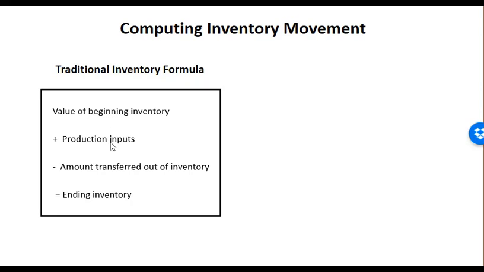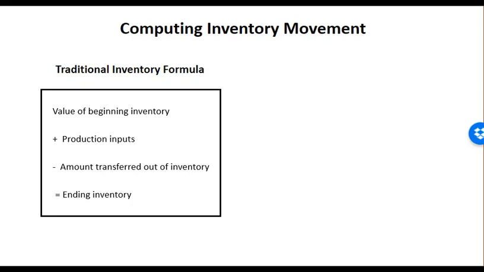To that we add our inputs, in this case production inputs. Then we subtract out the amount that is transferred out of our inventory, and that equals our ending inventory.